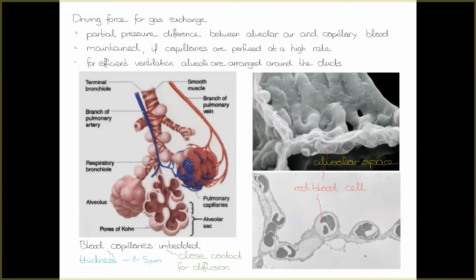That wouldn't be efficient. Like that, it's ensured that there's a close contact for diffusion. If this membrane is very transmissible for oxygen, then there's a very, very short distance, and it's very efficient to take up oxygen.